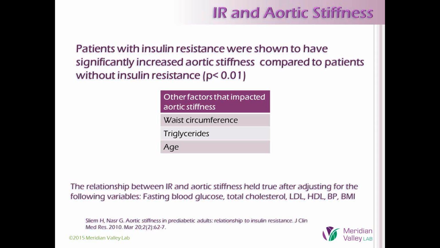Age, not so much, but certainly the point here is that insulin resistance, even after we adjust for fasting blood glucose, cholesterol, and that includes LDL and HDL, blood pressure, and BMI, this relationship held to be true.